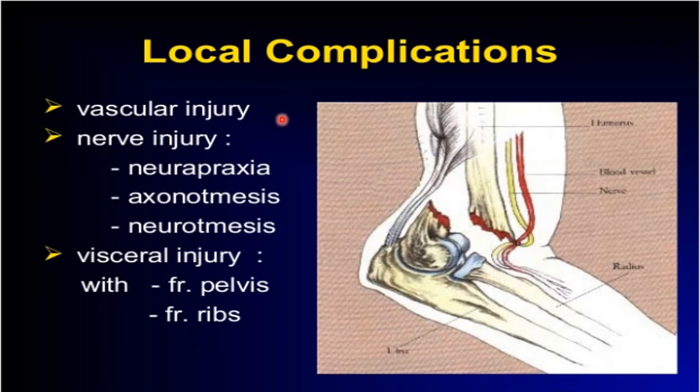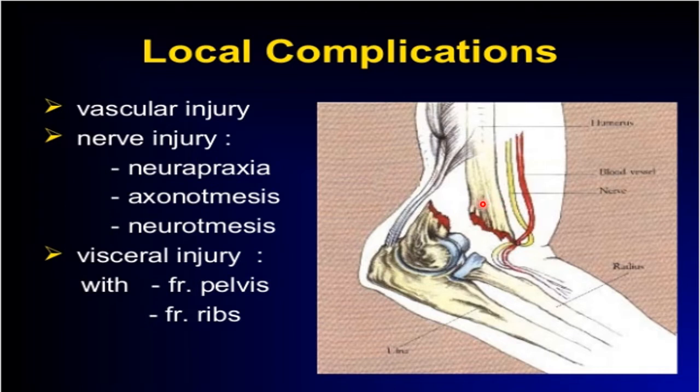So now we come to local complications. Local complications are vascular injury, nerve injury, or visceral injury. Vascular injury, of course, if a blood vessel is impinged on by the sharp end of a bone, it can traumatize, bruise, or even cut a blood vessel. Same with the nerves.